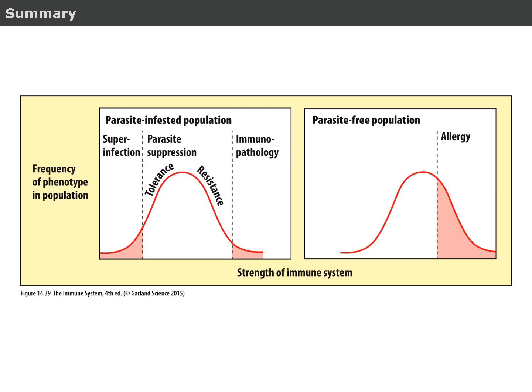Individuals with moderate immune strength resist parasites effectively, while those with weaker or stronger immune responses experience superinfection or immune-related tissue damage, respectively. In contrast, in parasite-free populations, strong immune responses shift toward allergic diseases rather than parasite control, increasing the prevalence of allergy in the population.